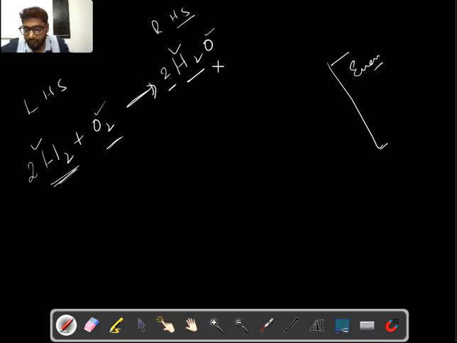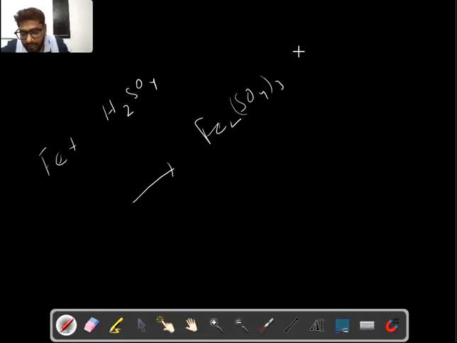So this is the main thing which you might have learned. Now we will go with some examples, and then we will learn how to balance a reaction, right? So I'm writing another example.